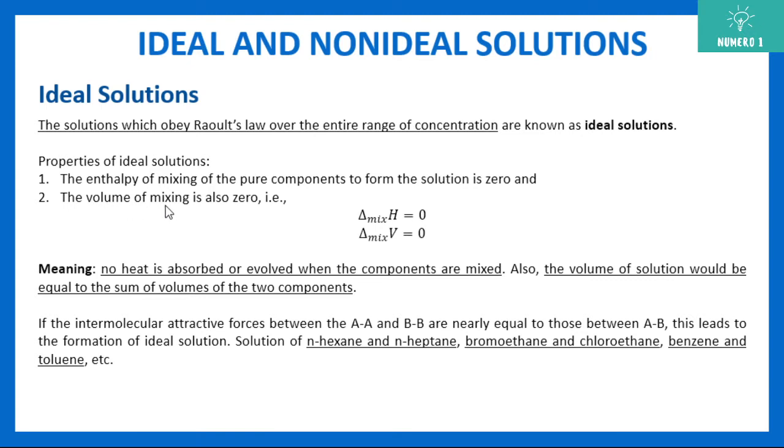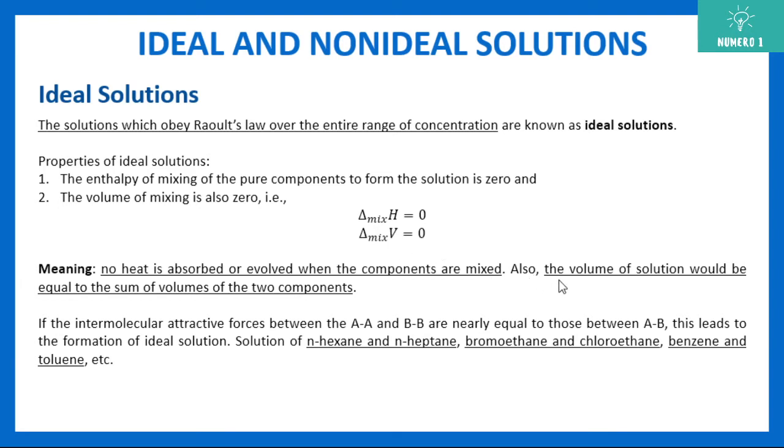The volume of mixing is also 0, that means the change in volume delta V mix is also 0. The meaning of this is that no heat is absorbed or evolved when the components are mixed.